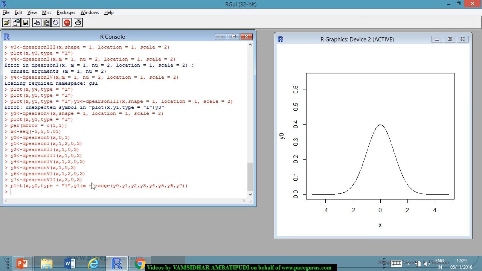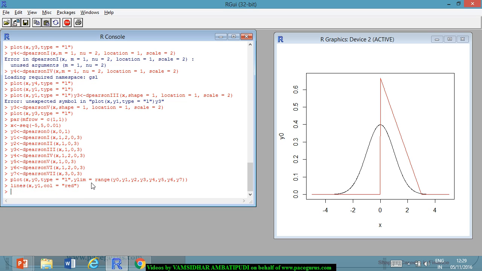So let me add the lines to it, where I am considering x comma y1, right? I am considering x comma y1, color equal to red. So this is how the y1 is coming out.